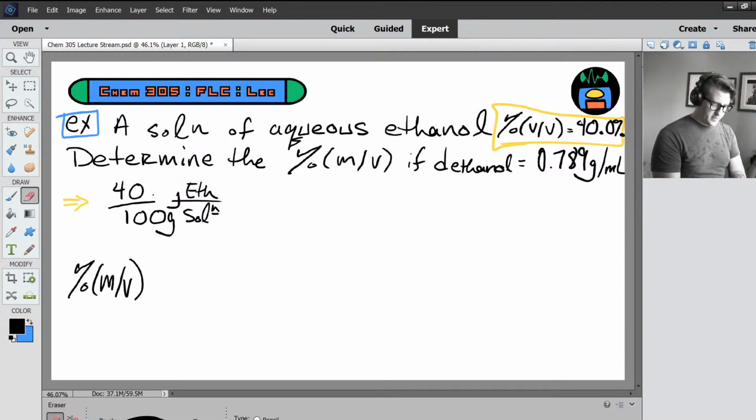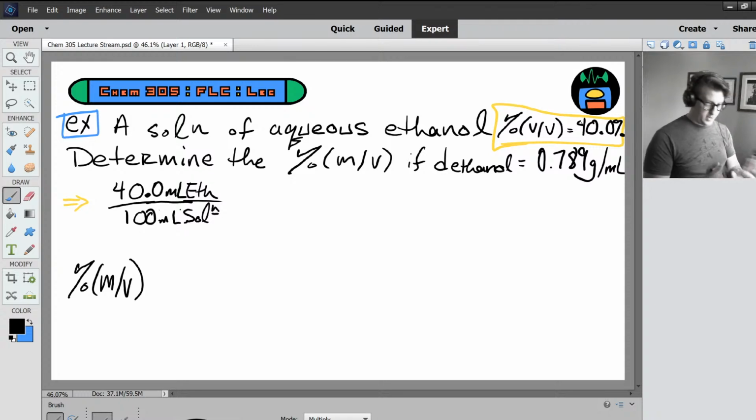I messed up. It does not mean 40 grams over 100 grams, because here we're dealing with percent volume, not percent mass. So this is actually 40.0 milliliters of ethanol per 100 milliliters of solution. This is what it means.